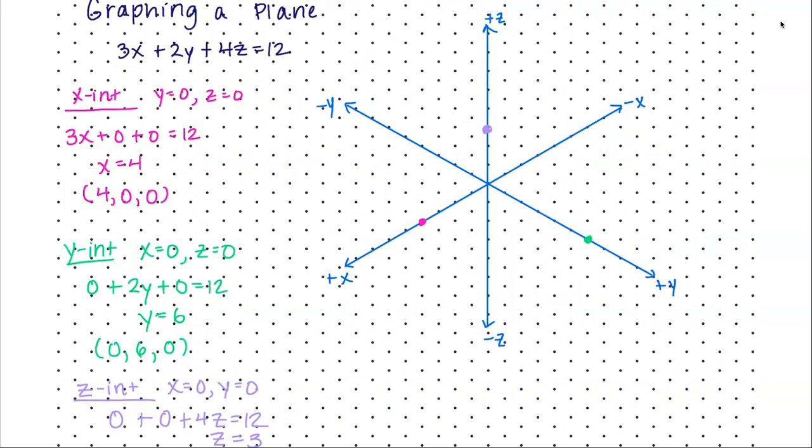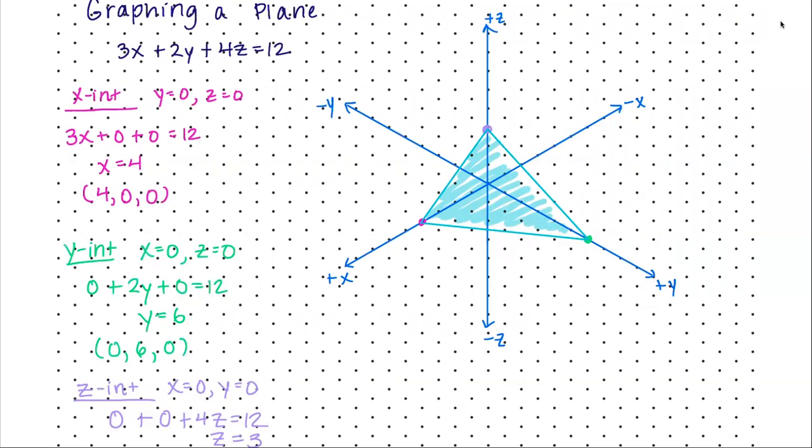So now to sketch the plane, we're just going to connect each dot. So I'll use this light blue color to connect them. And this is going to be a portion of our plane. Whoops, undo that one, that'd be better. All right, so now we're just going to shade our plane in here. A highlighter works nicely.